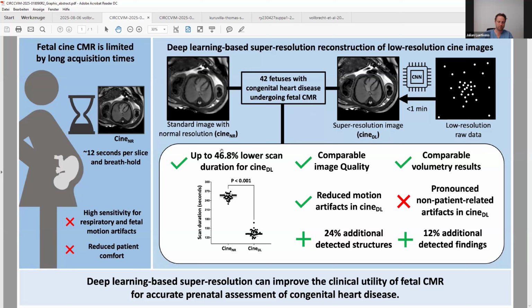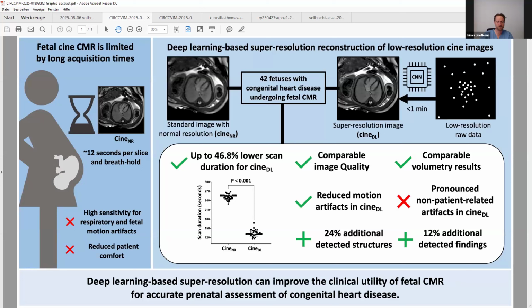The main result is that if you use a highly accelerated image where you also have fewer phase encoding steps, of course you have a lower scan time. And this is a whole stack of 16 slices.